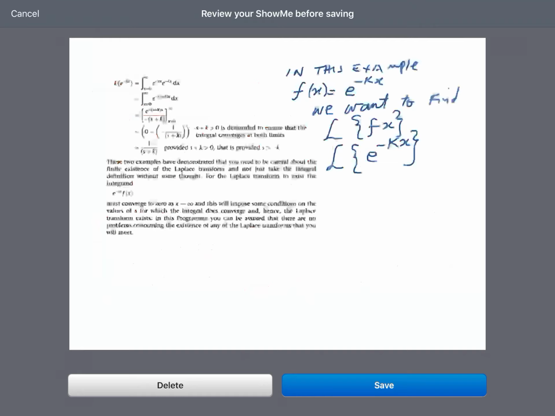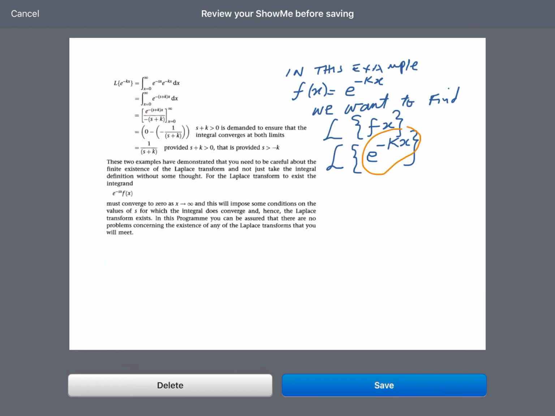In this example we are trying to find the Laplace transform of the function e to the power kx, where k is a constant and x is the variable. So we integrate this function.